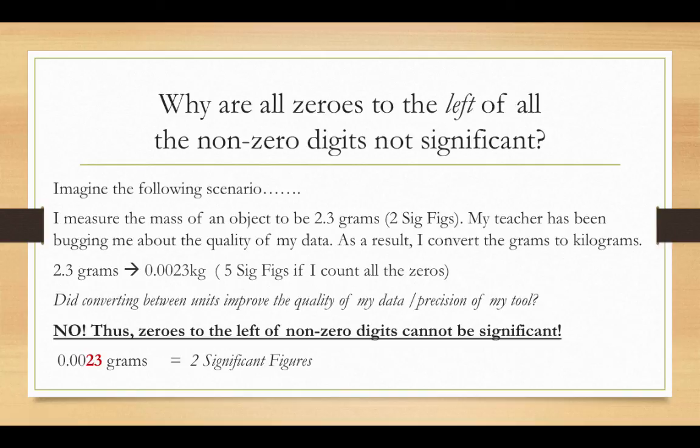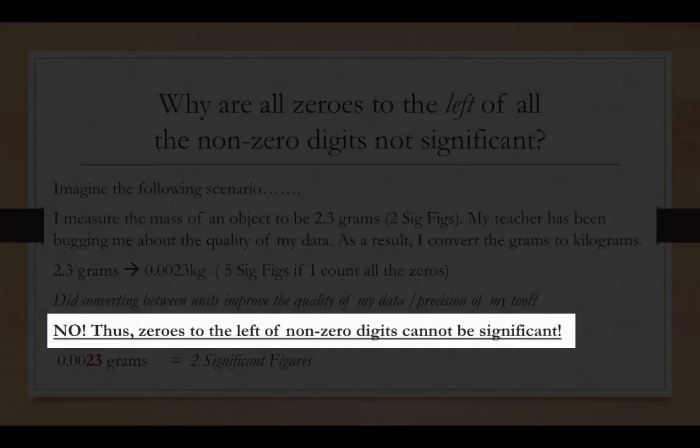I should totally convert my data every time, right? Then my teacher's going to be like, wow, you have the best data. Did converting between units improve the quality of my data or the precision of the tool I used to measure it? No! Thus, zeros to the left of non-zero digits cannot be significant.